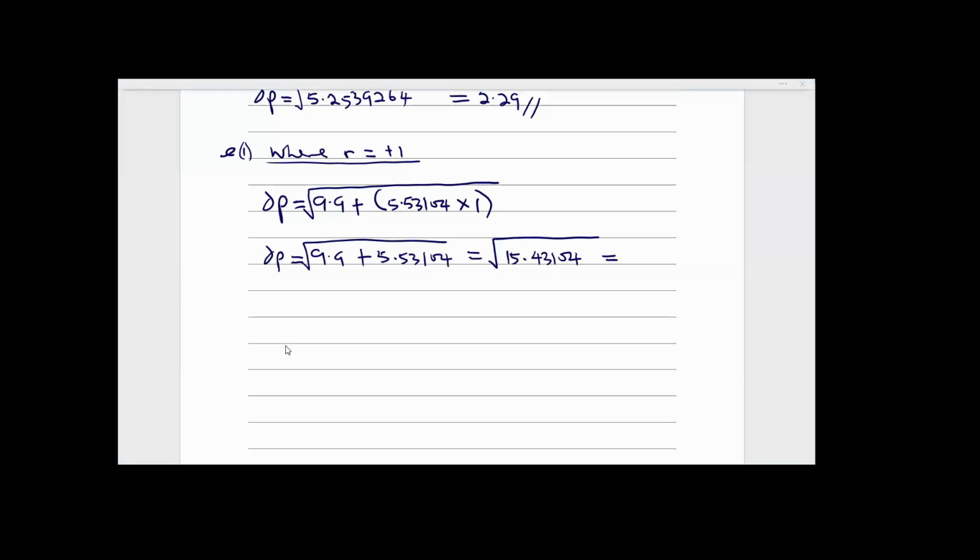That's 3.93. So that's that. Then the second one, where R equals positive 0.5.